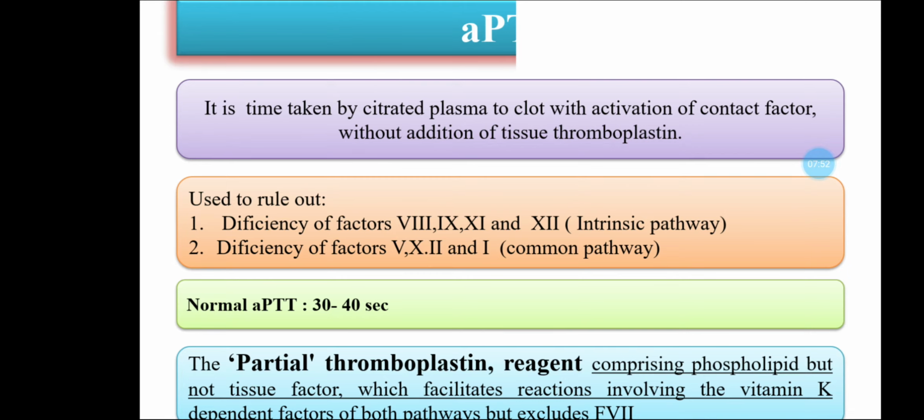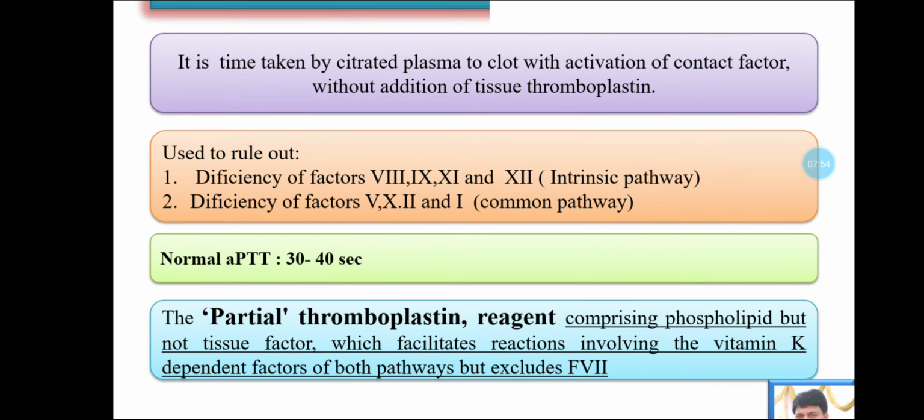It is used to rule out the deficiency of factor 8, factor 9, factor 11 and factor 12. So the deficiency of intrinsic pathway factors can be ruled out by this APTT.